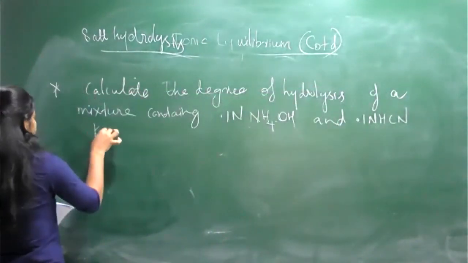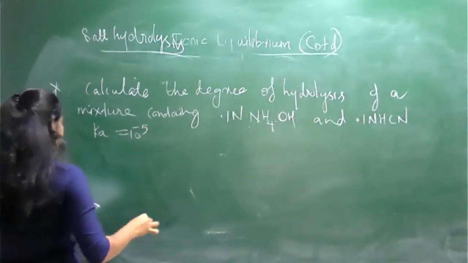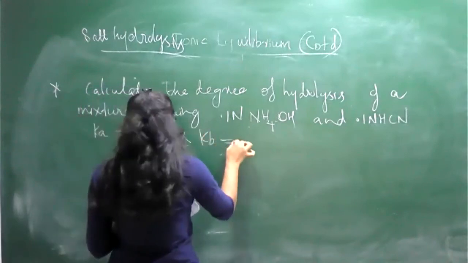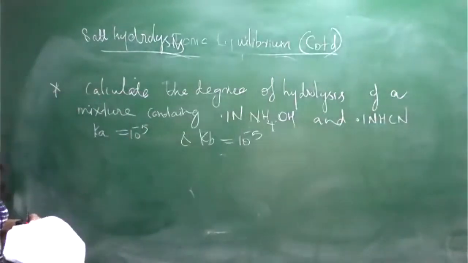So Ka is given to you, 10 to the power minus 5, and Kb equal to 10 to the power minus 5, both are the same. Okay. What type is this, student?